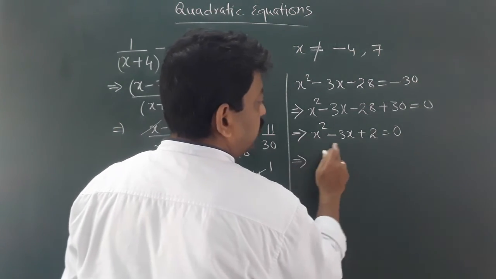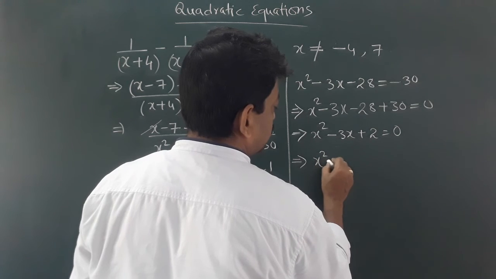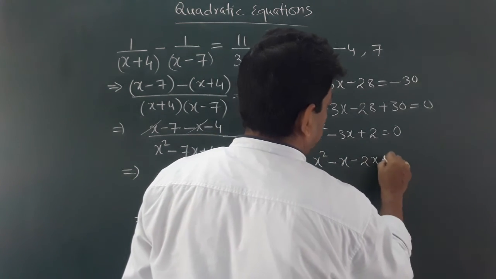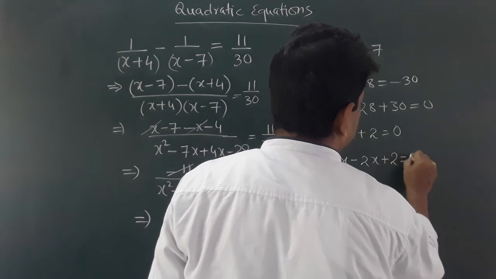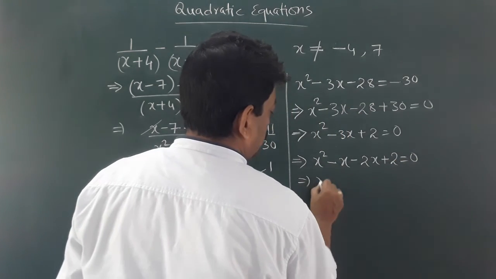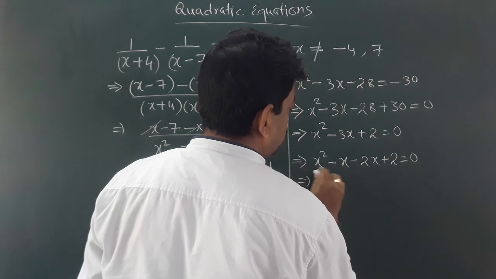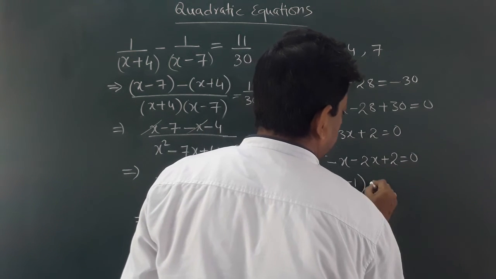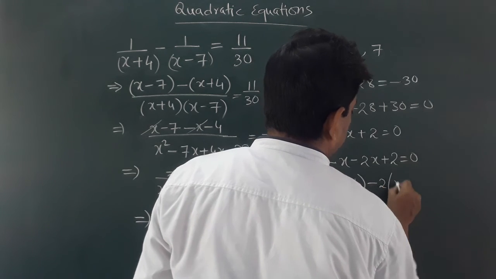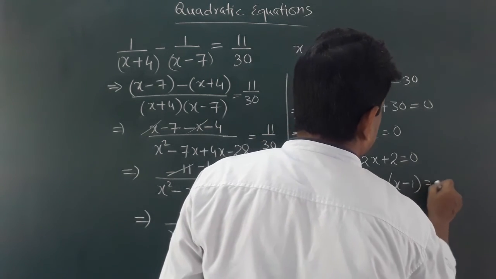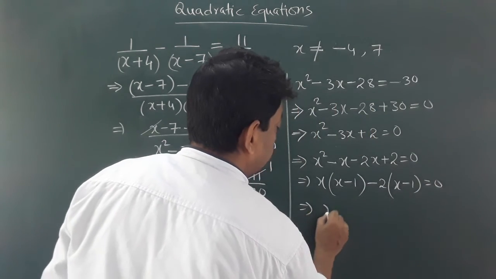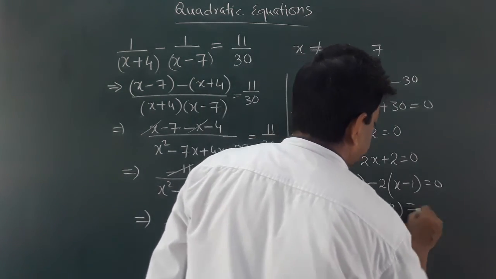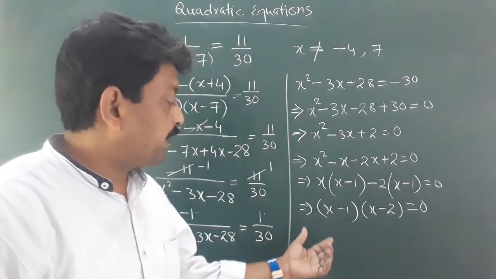So by splitting the middle term, we will get x square minus x minus 2x plus 2 equals 0. If I take common x from these two, then it will be x minus 1, and from these two minus 2 will be common. So here also we will get x minus 1. That is, x minus 1 and x minus 2 equals 0. So we have got two factors.